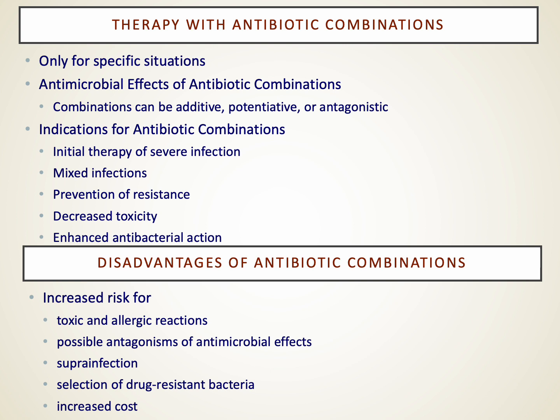There are times when we might get by with lower toxicity instead of a full dose of one drug that might be, for example, toxic to the kidneys. A lower dose of that drug in combination with the second drug maybe is associated with some benefit, or there might be some enhanced bacterial action.